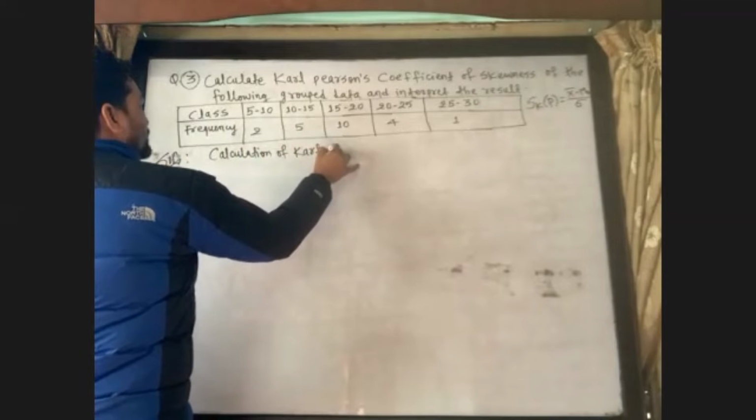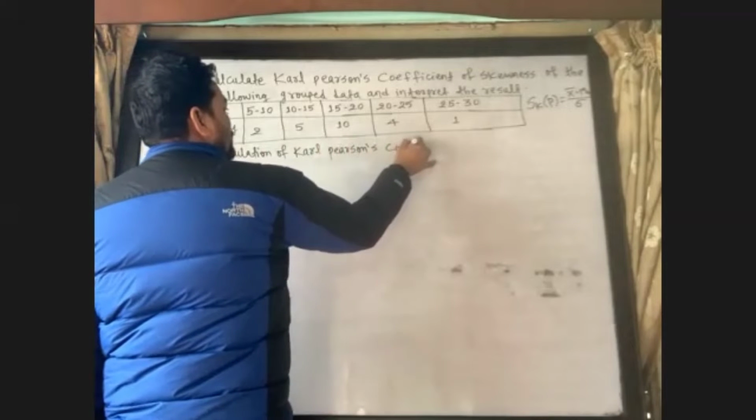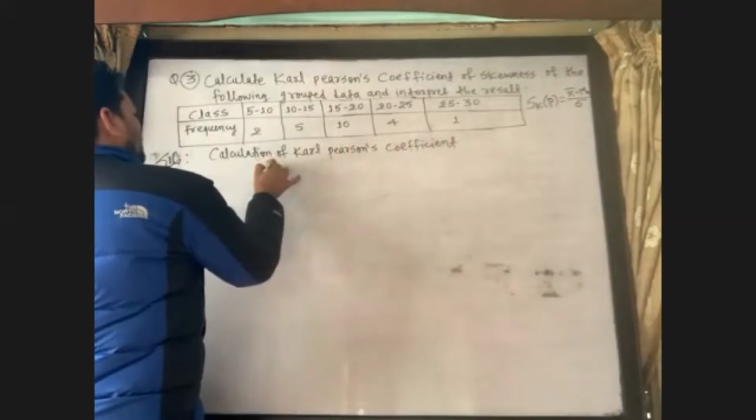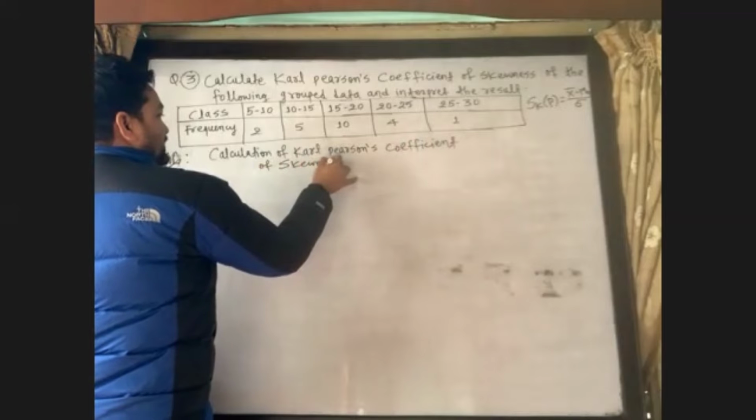Calculation of Karl Pearson's coefficient of skewness. Okay, this we are going to calculate here. So let's make the table. First of all, we are going to make the table here.